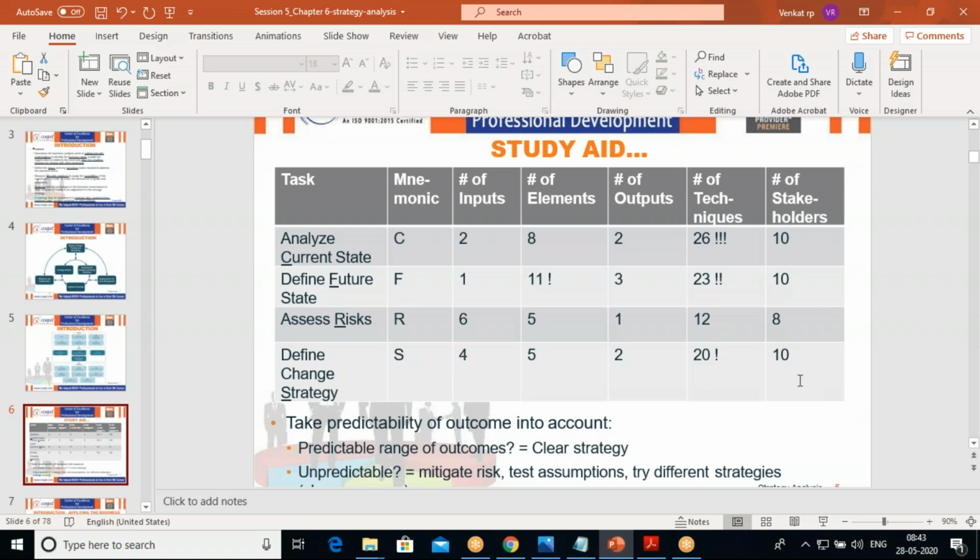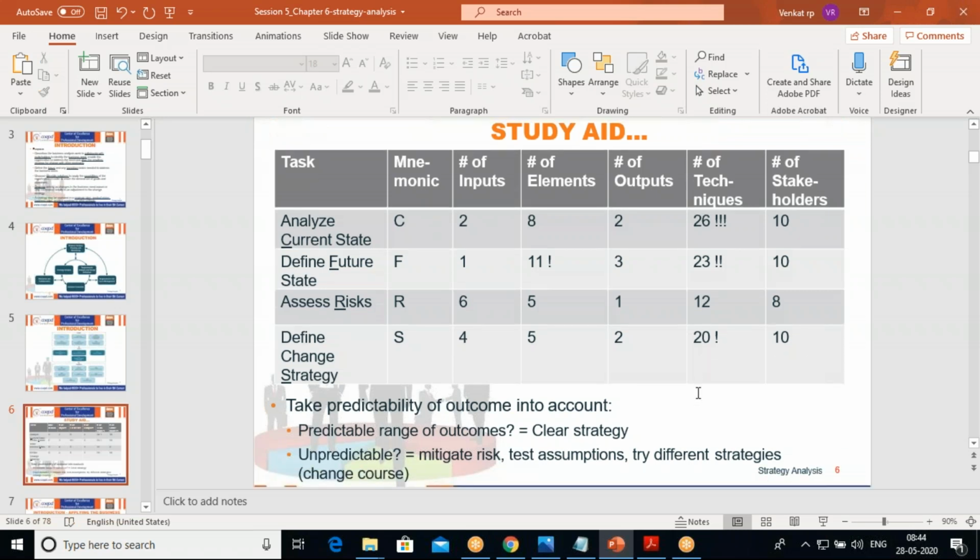That's why I gave you a chart. Compared to the other knowledge areas we have discussed so far, the number of techniques and stakeholders are not this elaborate. In strategy analysis, almost all stakeholders are involved, and the majority of the techniques can be used in these tasks.